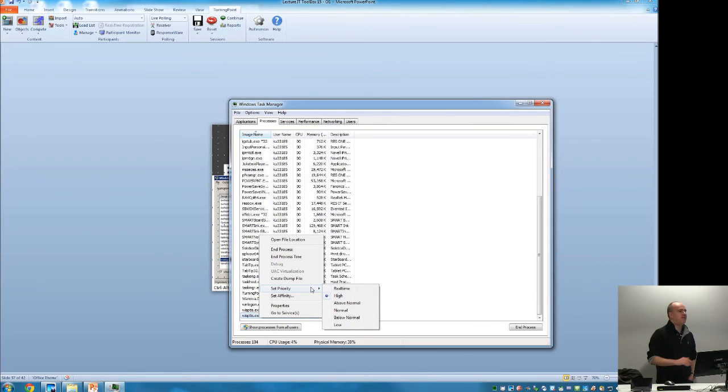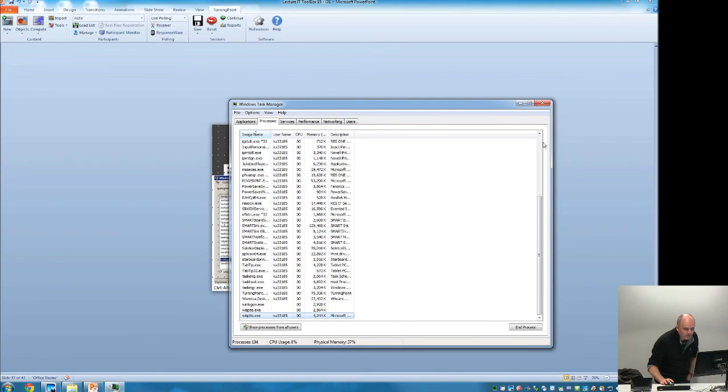So for example, here I'm dealing with the programs associated with the operating system. They have a high priority because your operating system is really the core of your system. So that should be processed, okay? So it's more important to have the operating system running well than my PowerPoint, which is, where is my PowerPoint?